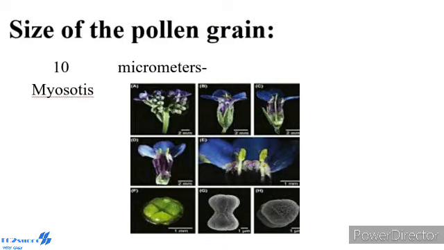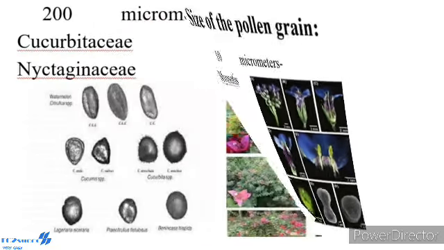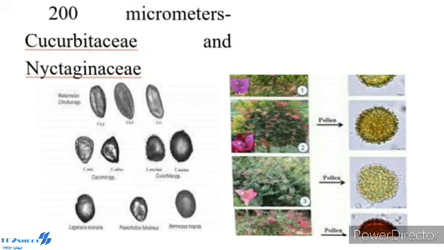You see the picture. The size of the pollen grain is very small, 10 micrometers in the Myosotis plant. Second picture, 200 micrometers. The first picture, Cucurbitaceae family. Second picture, Nyctaginaceae family. So 200 micrometers in Cucurbitaceae and Nyctaginaceae family.